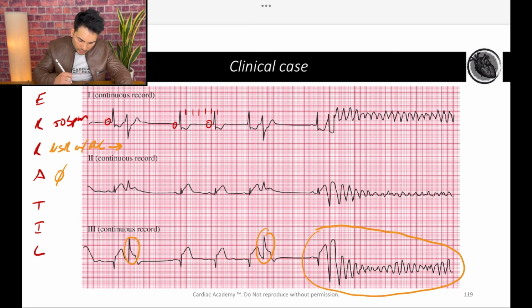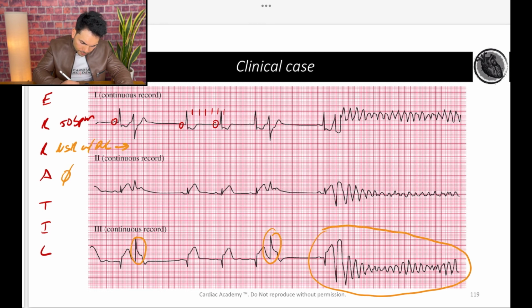Okay, T waves. So let's look at one of these. This is a T wave here. So is it more than 50% between QRS and QRS? It's not, so it's normal. Then ischemic changes.